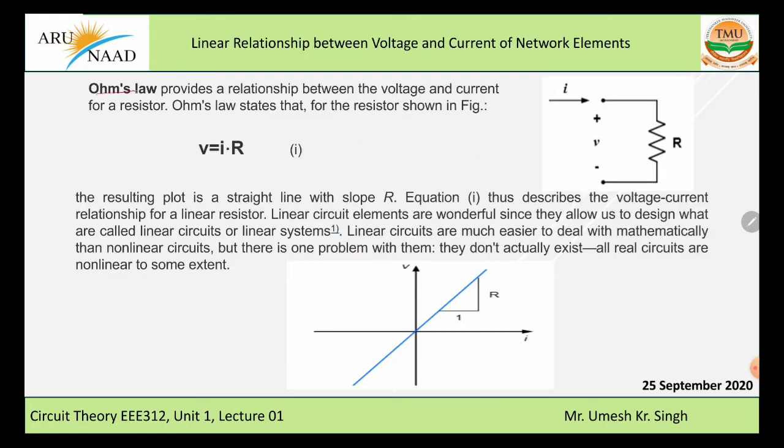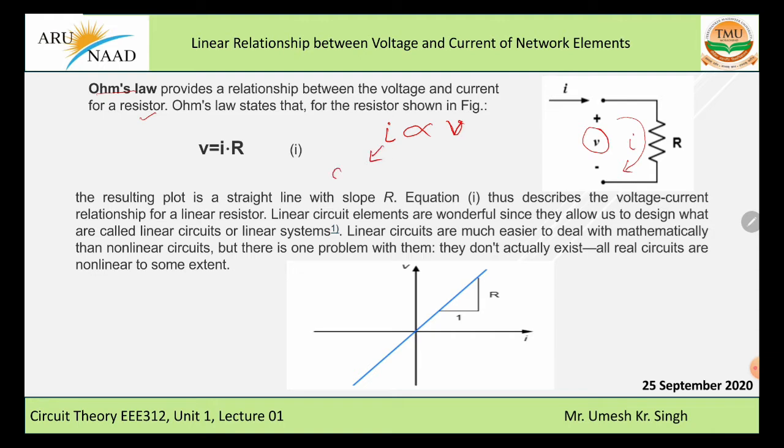Ohm's law provides a relationship between voltage and current of a resistor. When we apply a voltage across a load, a current will flow in it, and this current is directly proportional to the applied voltage. If we increase the voltage, the current will change.